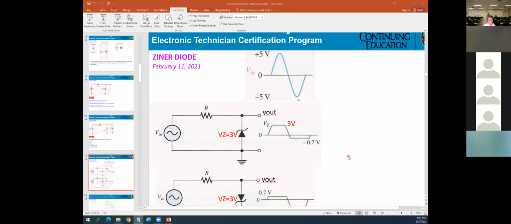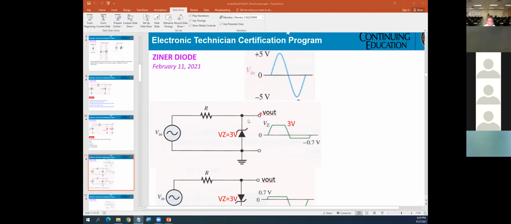Okay, again, when you get a diode and it turns on, this side is positive, this side is negative, and the value is 0.7.